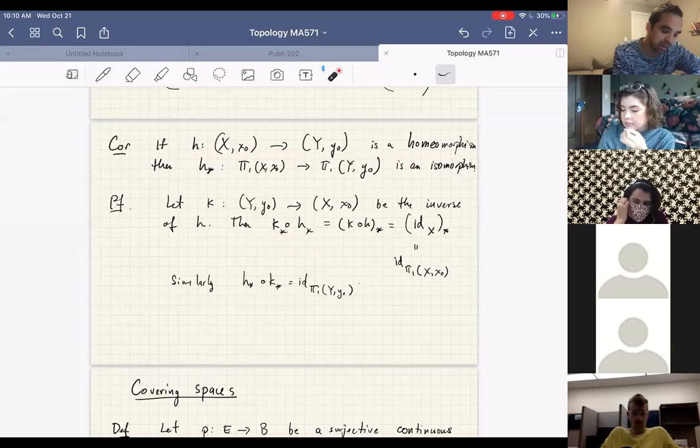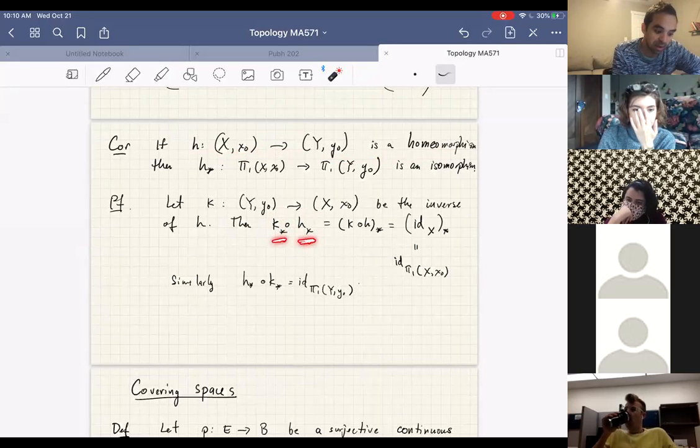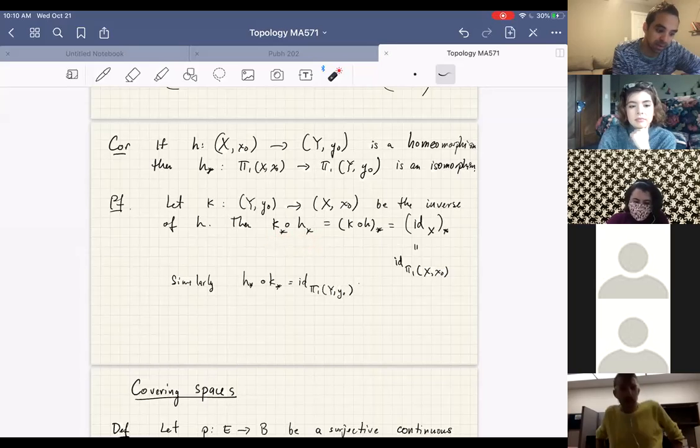I claim that the induced maps are inverse to each other, the maps at the level of groups. And therefore they induce an isomorphism between groups, right? So how do I check that they're inverse to each other? I look at the composition of the induced maps. By the previous claim, that's exactly the induced map of the composition.